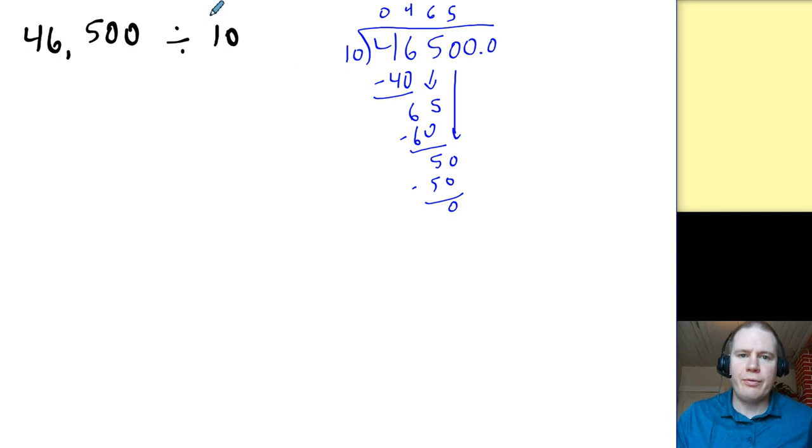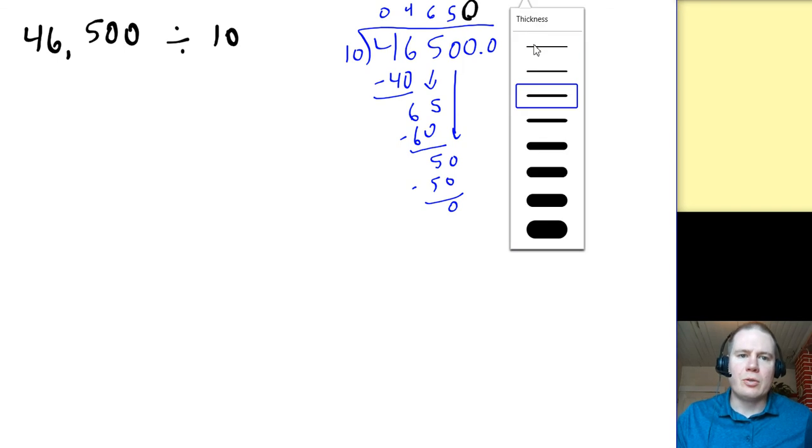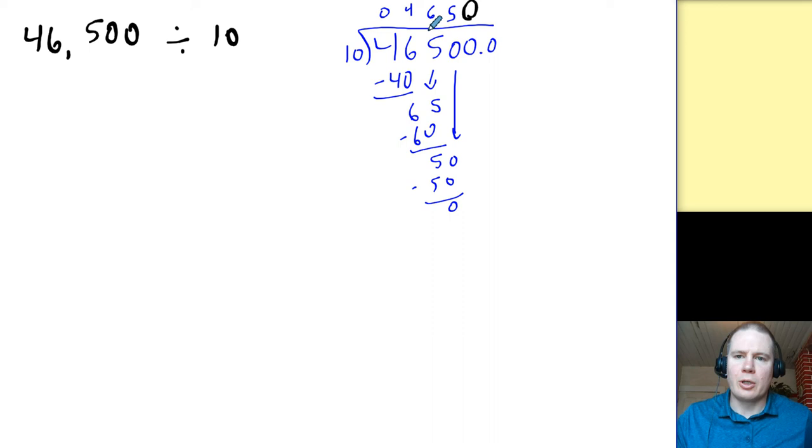Now, if everything is lined up, this 5 is lined up in the tens place, I need an extra 0 here in the ones place to show that this is 4,000. So, having done all of this work, we get 4650 instead of 46500.